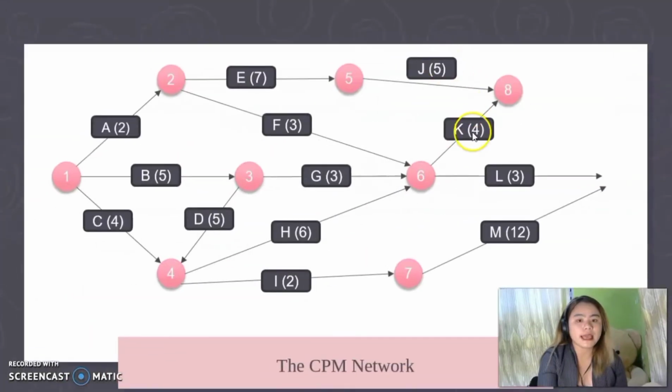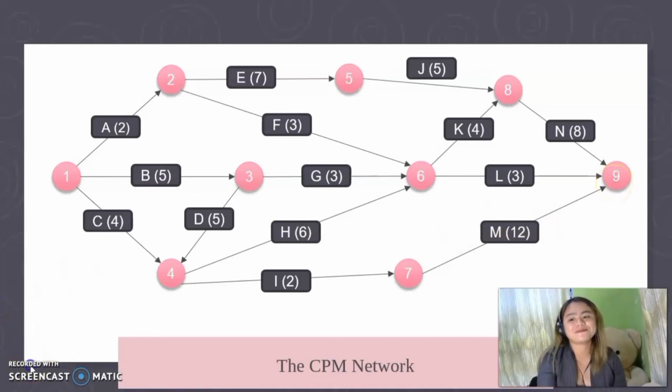So J and K end here, therefore we're going to start here and end at the same node. So L, M, and N end at the same node, and this node is our ending node. So this is the procedure to draw the CPM network, or the critical path method.